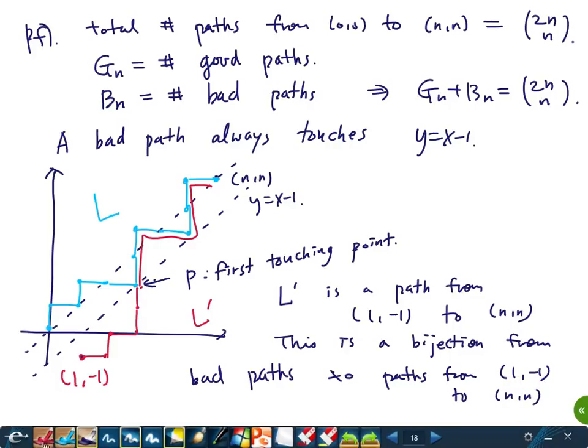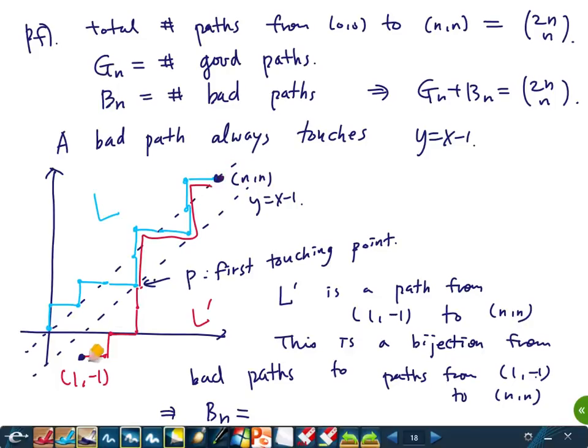So the number of bad paths equals the number of paths from this point to this point. The number of paths from one point to another is always easy, just a binomial coefficient. So what is Bn? It is the number of paths from here to here.